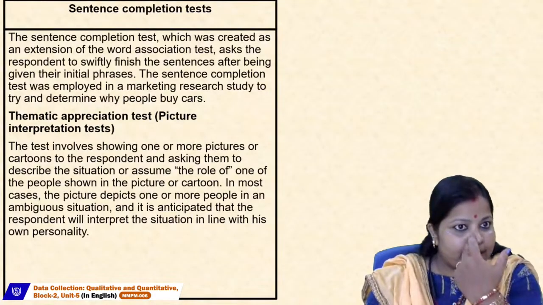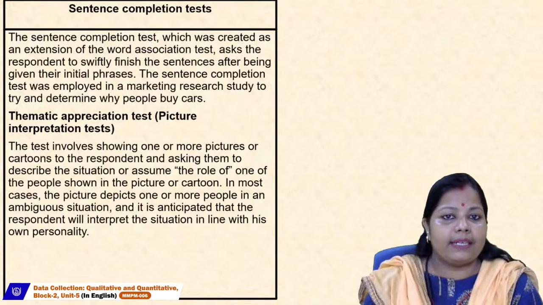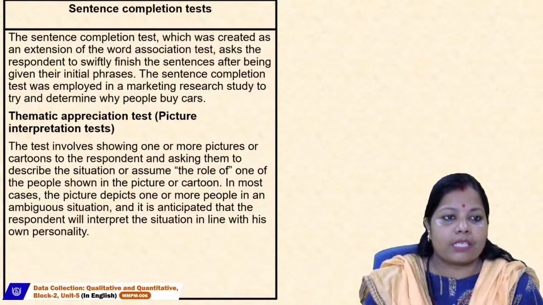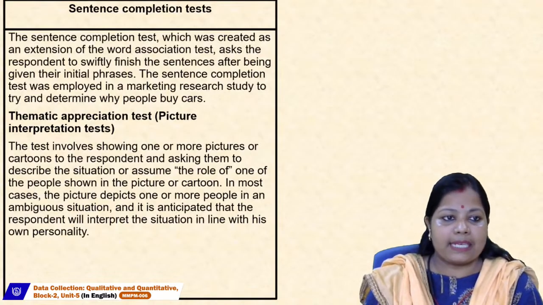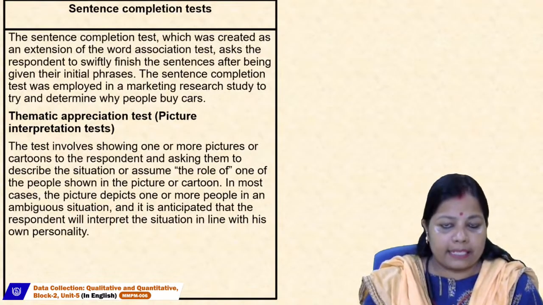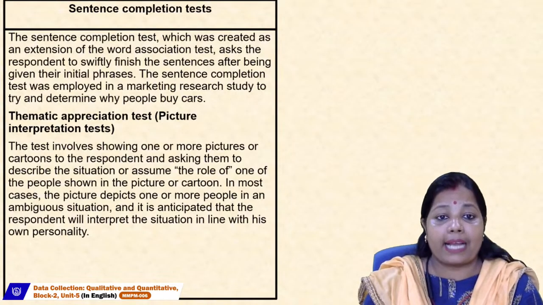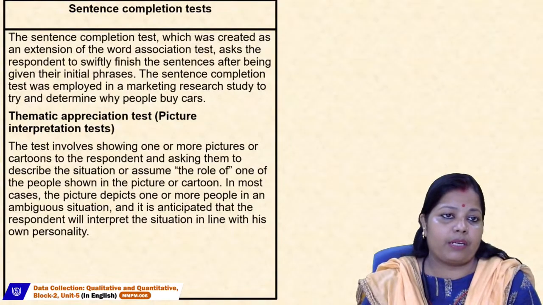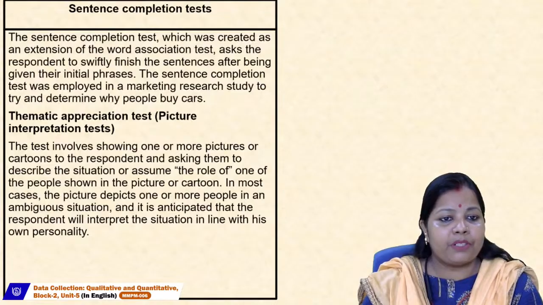Similarly, the sentence completion test, which was created as an extension of the word association test, tasks the respondent to finish a sentence after being given the initial phrases. The sentence completion test is also employed in marketing research to study and try to determine why people buy cars. This can be one example of a sentence completion test. Then the thematic apperception test is there in the collection of primary data.